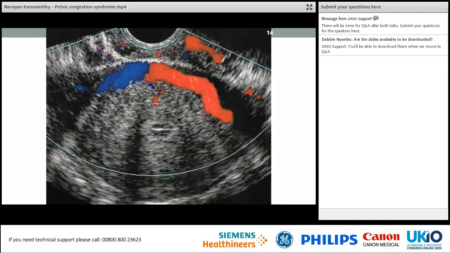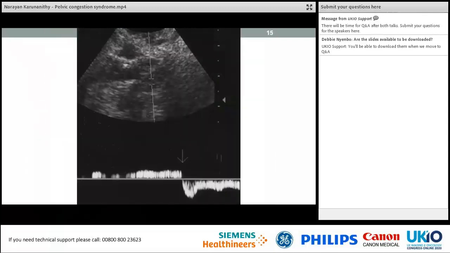And this is a view of the uterus, and you see this large vein that is crossing the anterior uterus from left to right. This is a picture of a dilated vein with Doppler venous flow, and on Valsalva there's reversal of flow in the vein, indicating reflux.